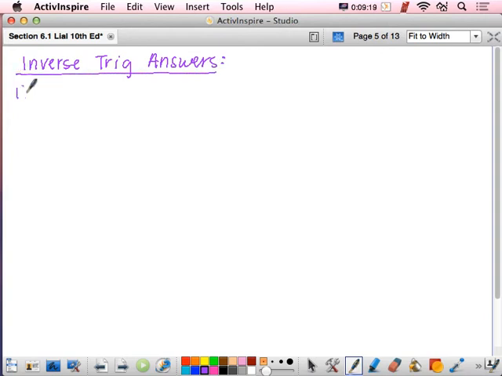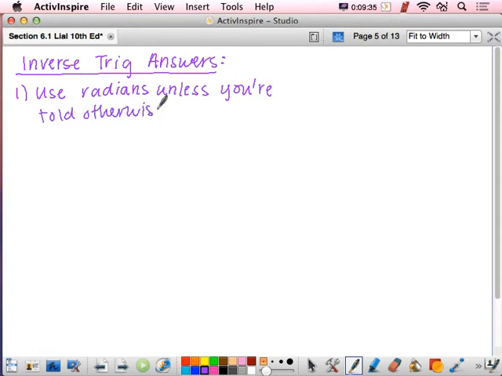First off, use radians unless you're told otherwise. So your answers are going to be in radians. Typically with this book, if they give you y's and x's, those are radians.